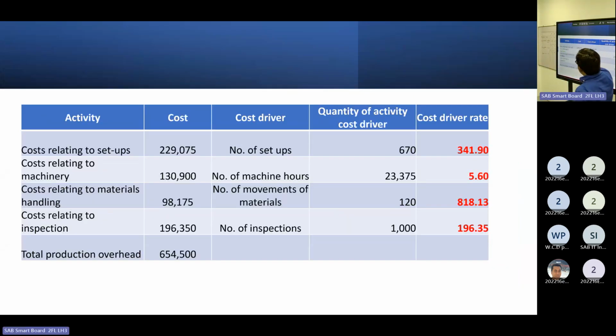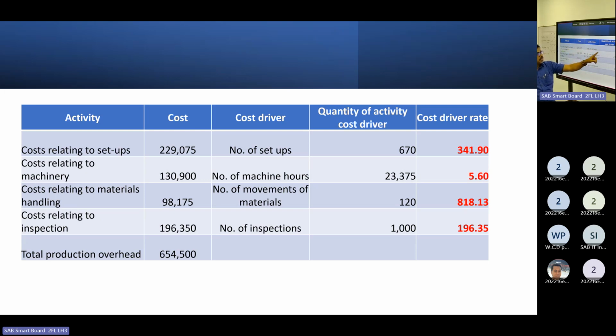So then you have identified the related activity cost. Cost driver for the setup, you can take number of setups. Cost driver relating to machinery, number of machine hours. Cost driver relating to material handling, number of movements of material. Inspection, number of inspections. So you have the quantity of cost driver.